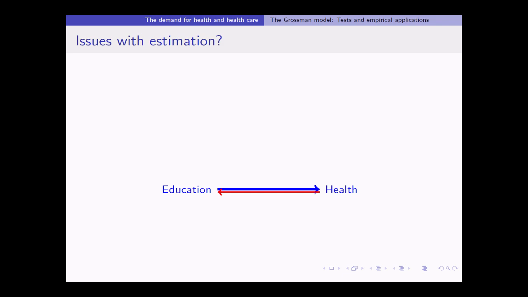So education can be hypothesized to improve health, but you can also make a compelling argument that health is a very strong determinant of education. So healthier kids typically do better at school than unhealthy kids. So simply regressing education on health will not get the causal estimate of the returns to education on health because we don't know what comes first. We can't unpick some of the dynamics of this quite complicated relationship.